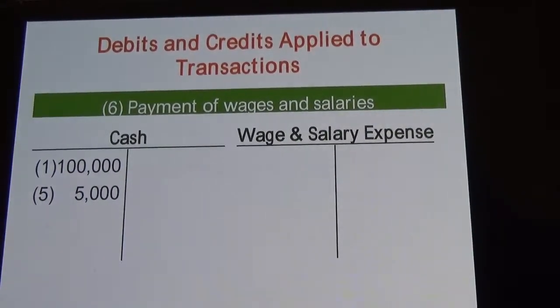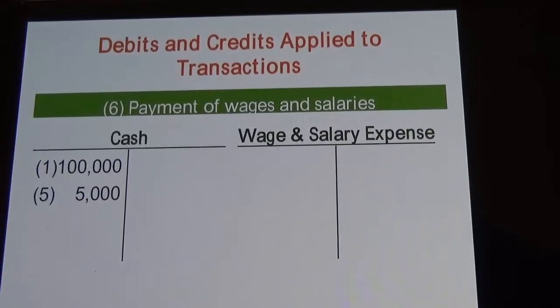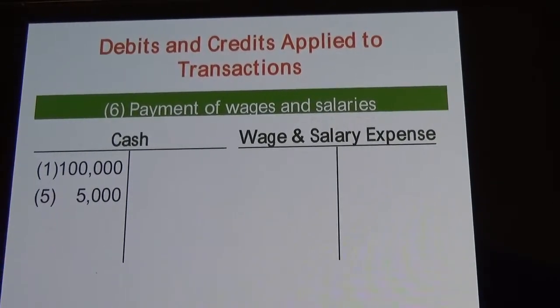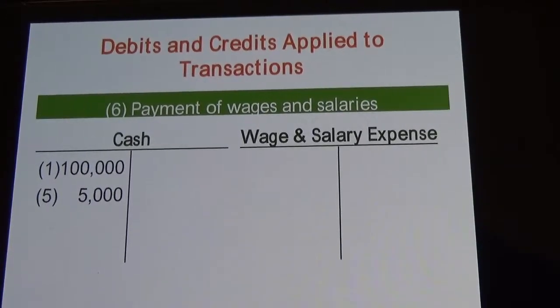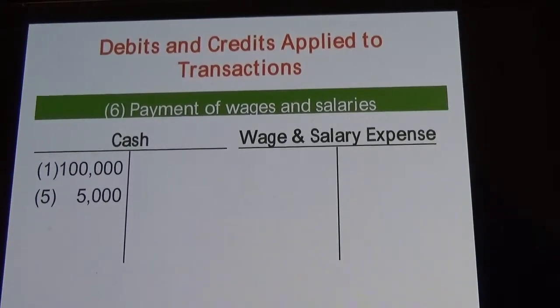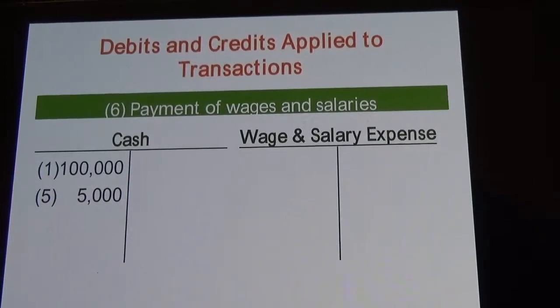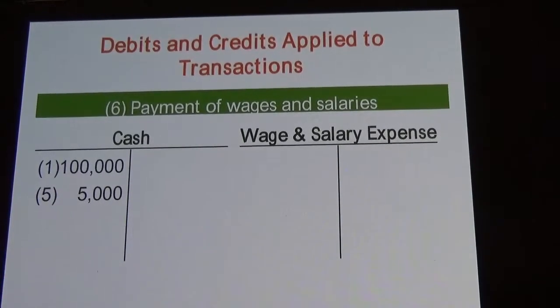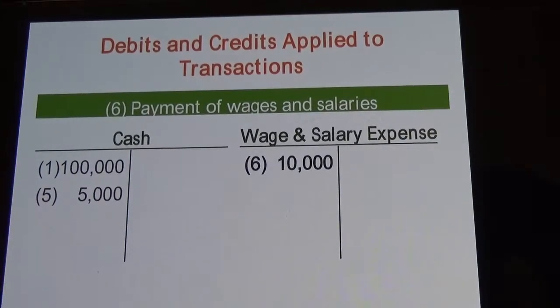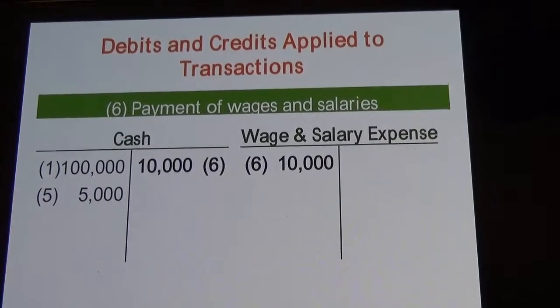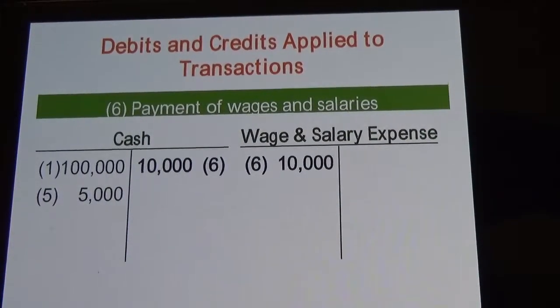Next, we've got wages and salaries that we're paying. Again, the cash will already reflect the entries that have already been made in it. Now we're going to be decreasing cash for the payment of these wages and salaries. So we're going to credit the cash for the wages amount, which was $10,000. And notice then that because cash is an asset and has a debit balance, it decreases with a credit.